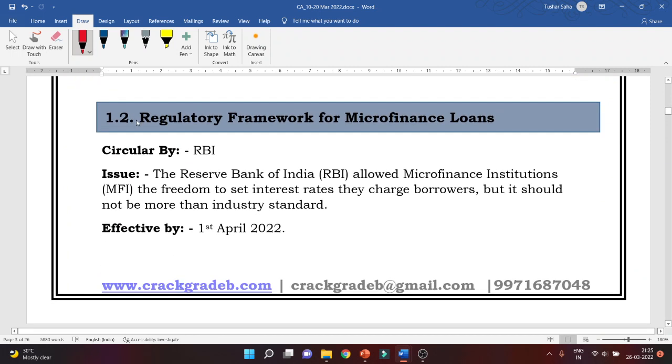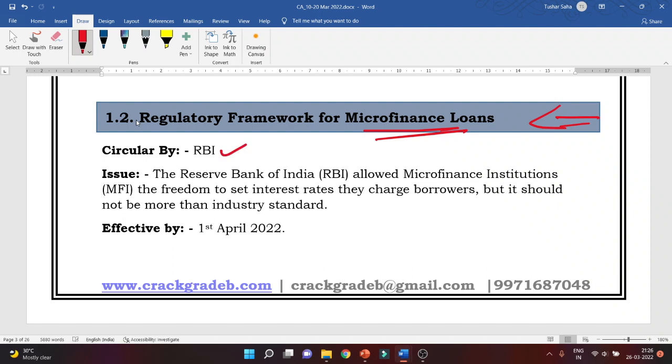Next is the regulatory framework for microfinance loans. If one news has to be covered from this material, I would say this is that news. There is a master direction issued by the Reserve Bank of India for microfinance loans. What's the issue? The RBI has allowed microfinance institutions the freedom to set the interest rate they charge borrowers, but it should not be more than the industry standard.